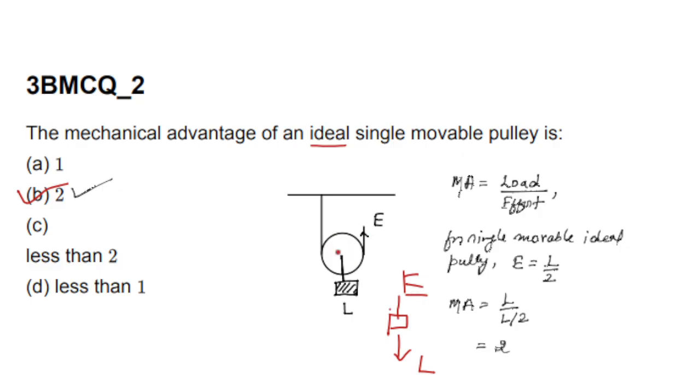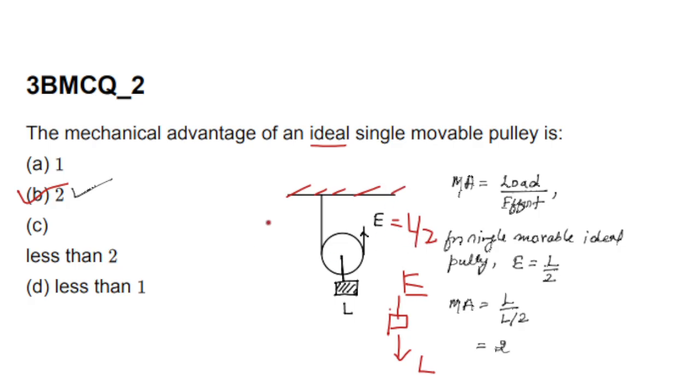If you use this kind of a pulley, what will happen is it will be divided in two strands. Now you only have to support half. You just have to put L by 2, half of the load. Now you will ask, who will support the other half? See, the second strand is fixed here with the wall.